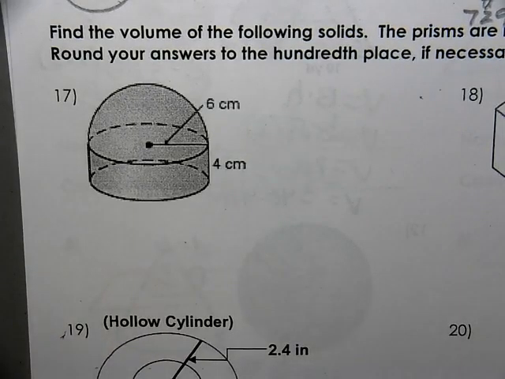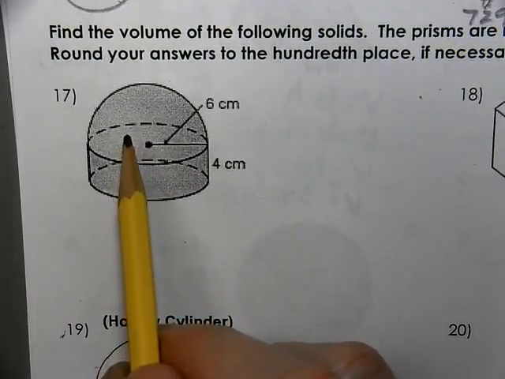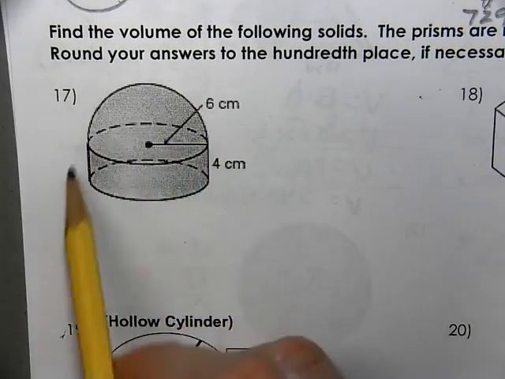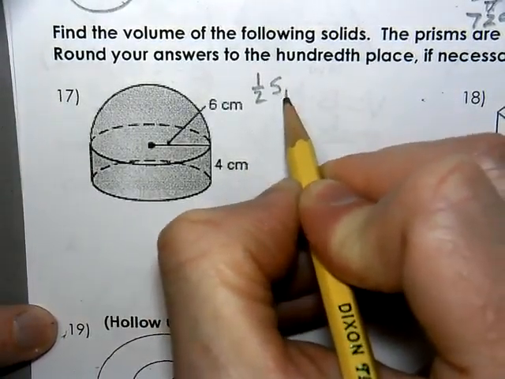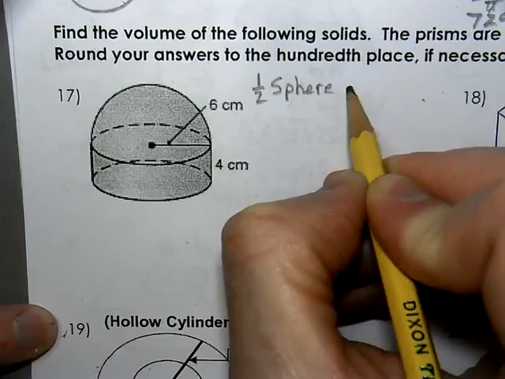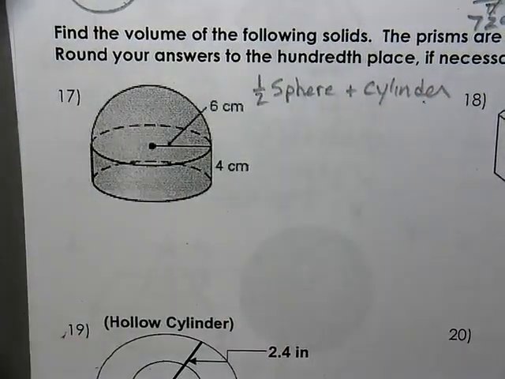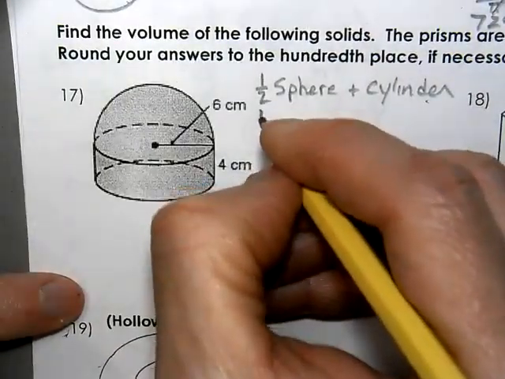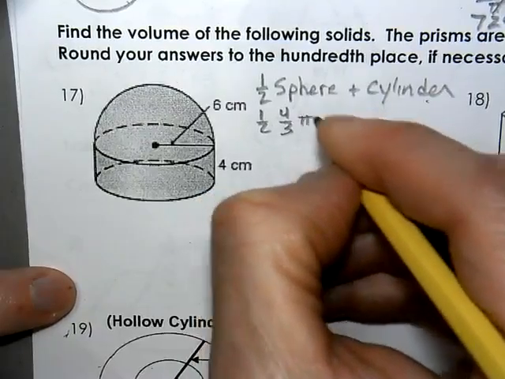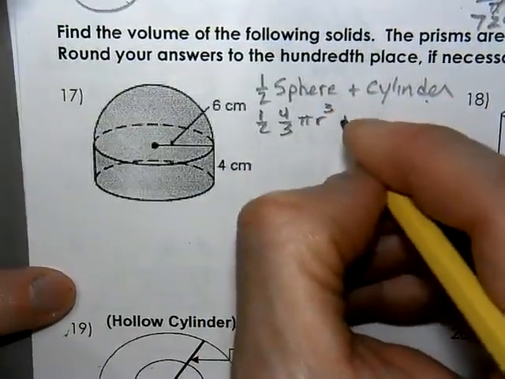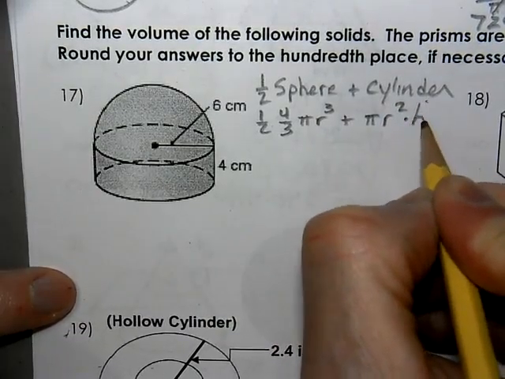Number 17. Here we have what's called a hemisphere, and it's on top of our cylinder. We have half a sphere, plus we have a cylinder. So we're going to take half of 4/3 pi r cubed plus pi r squared times h.